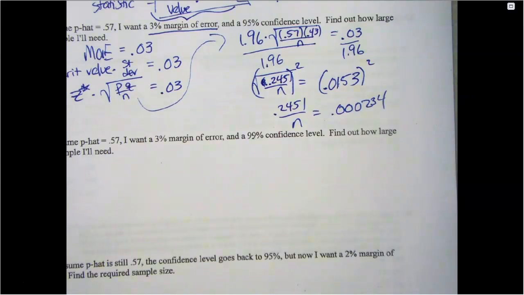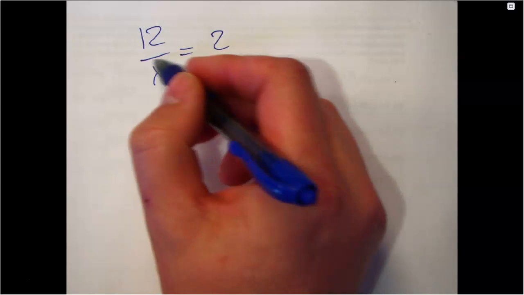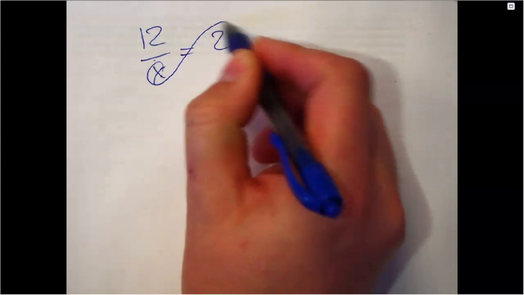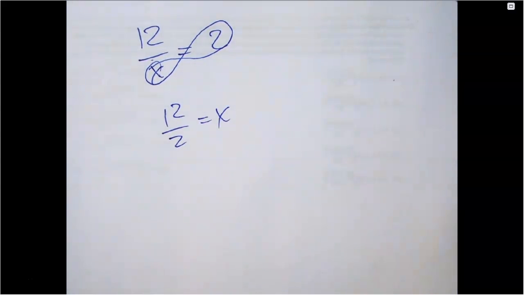Okay. So from there, I want to show you a little trick that you guys probably know, but don't realize you know. If I have 12 over x equals 2, what's the answer to that? 6, right? Well, if I just exchange these two things, doesn't that also tell me x equals 6?